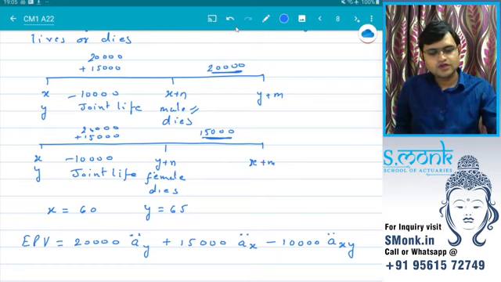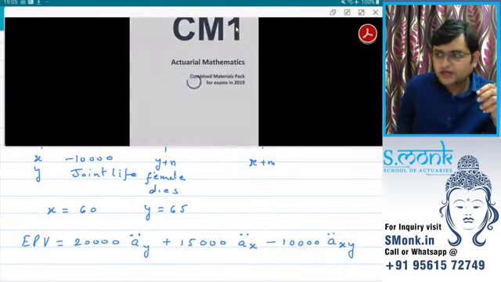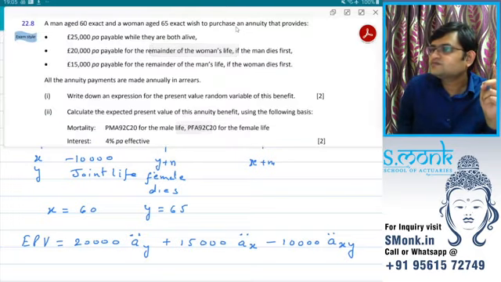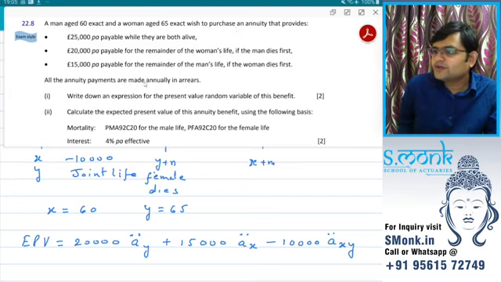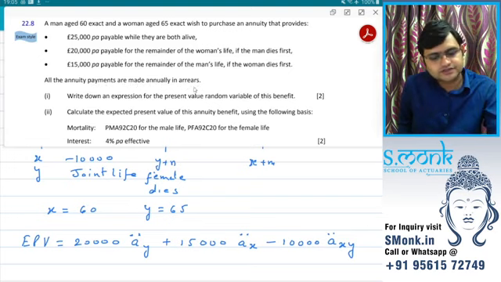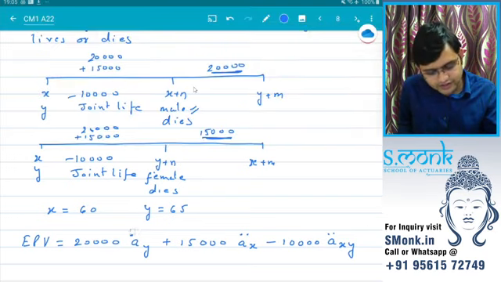Now I think this was all arrears. Yes, all the annuity payments are made annually in arrears, so these should be arrears, arrears, arrears.